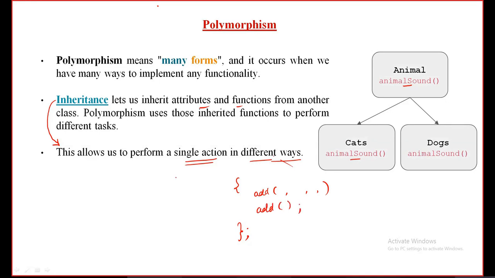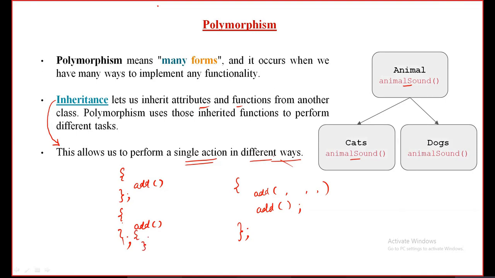And in the inheritance scenario, where we have a derived class and a base class, if there is a function defined in my base class, the same function, the same in its name and set of arguments, should be present in my derived class.